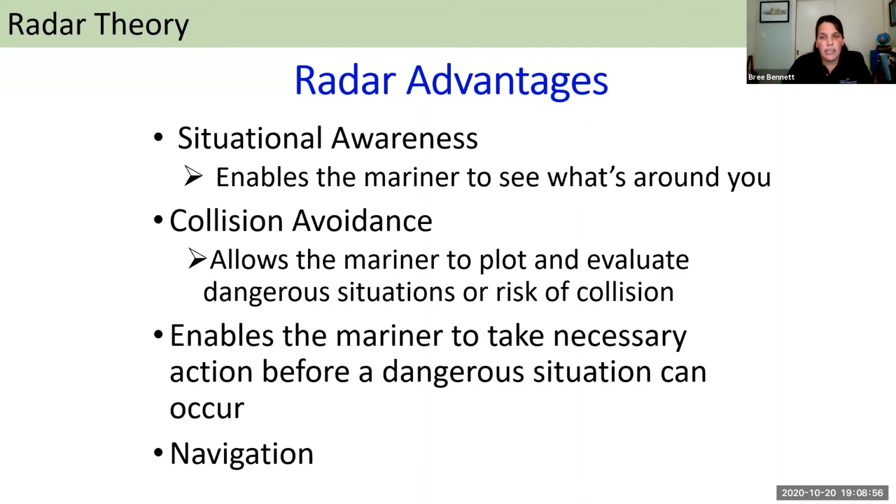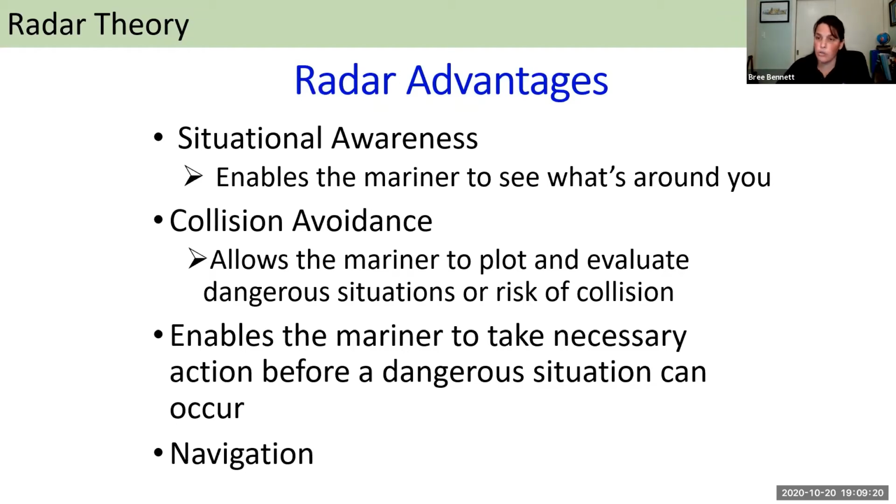And then lastly, the big advantage of radar for navigation is that we can get two lines of position, a bearing and a range, from just one aid to navigation or one point of land, so we can quickly get those simultaneous LOPs and plot them.